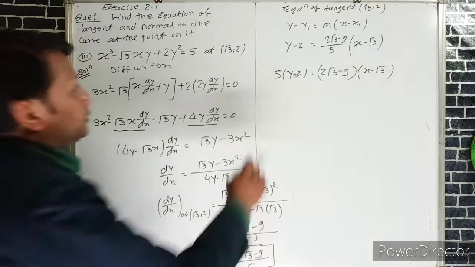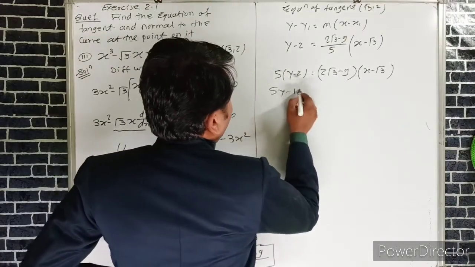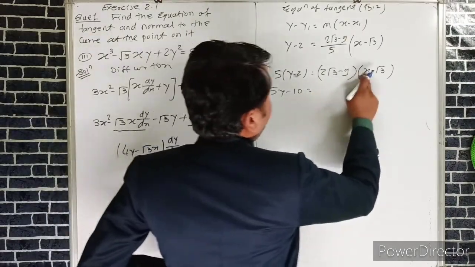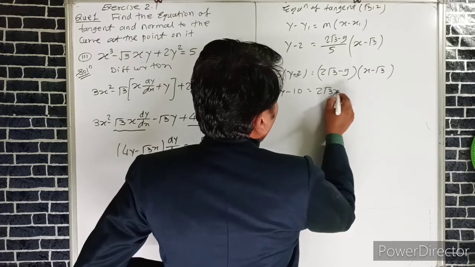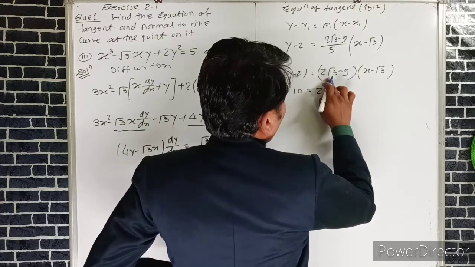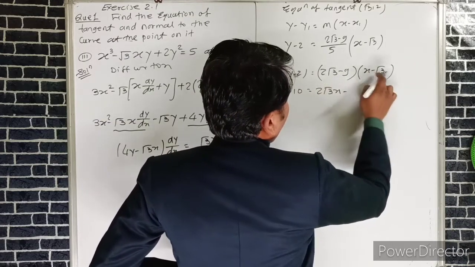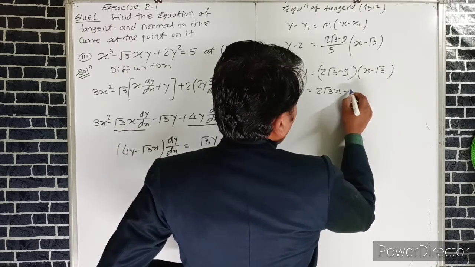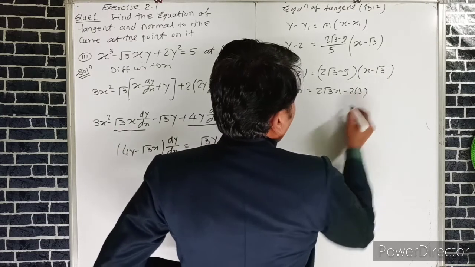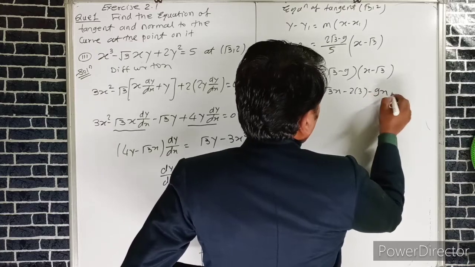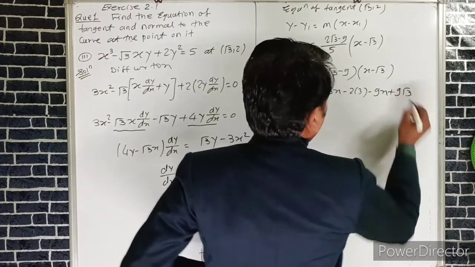Y into 5, which is 5y minus 10, equals 2 under root 3x minus 2 root 3 into root 3, which is 2 into 3, minus 9x, minus minus, plus 9 under root 3.